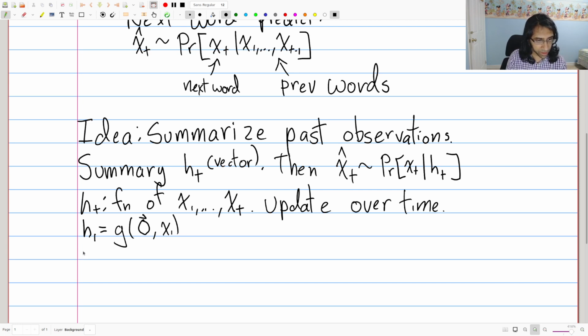I've got a weird type of indexing here, but let me write it like this. Our prediction will be y1, which would be a sample from some probability distribution given x1, conditioned on h1. I'm going to deviate a bit from what I did above.